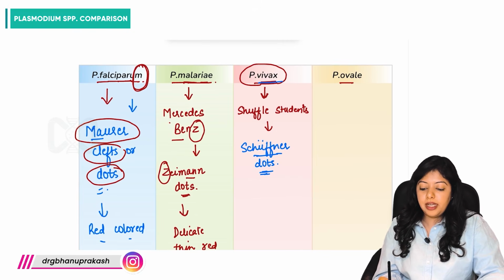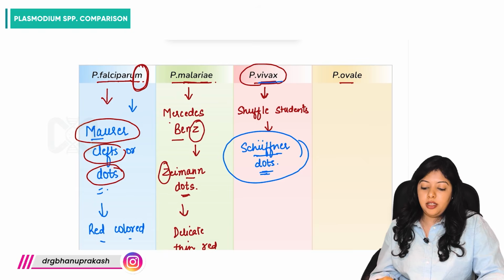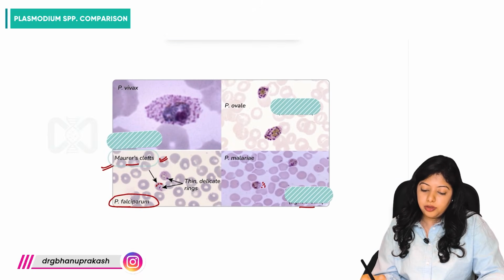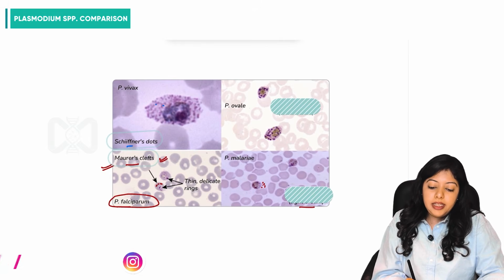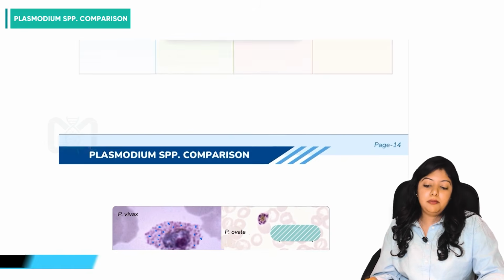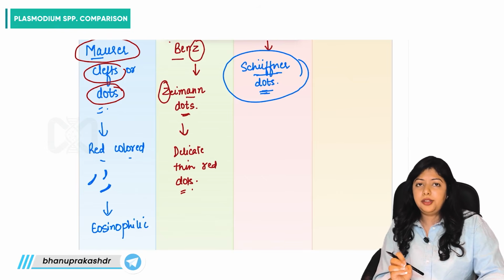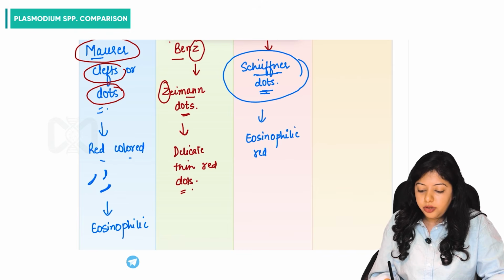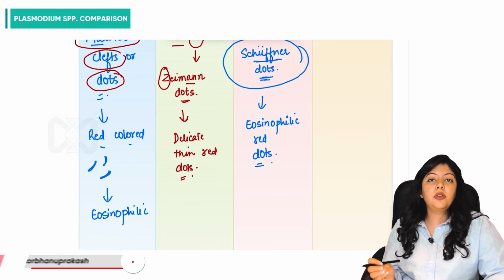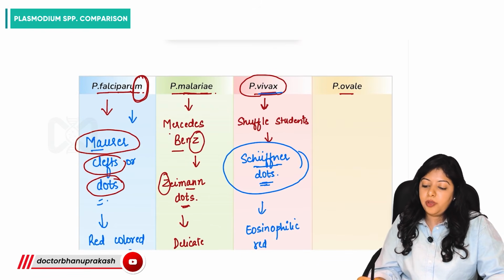We shuffle students, so we get Schüffner dots. These are again eosinophilic red dots. They can be delicate or they can be coarse in nature.